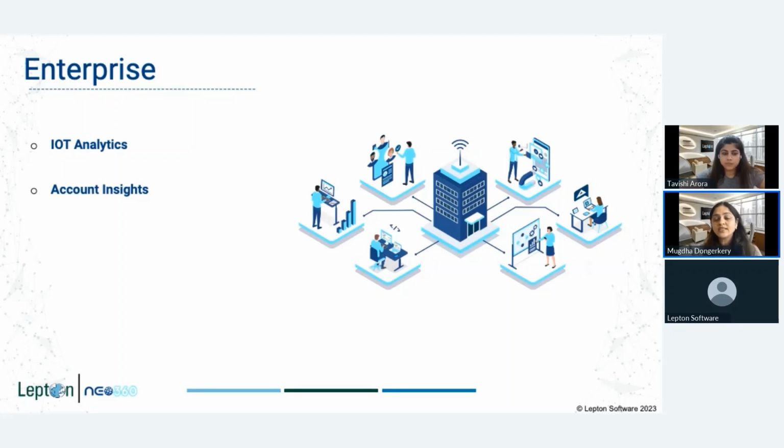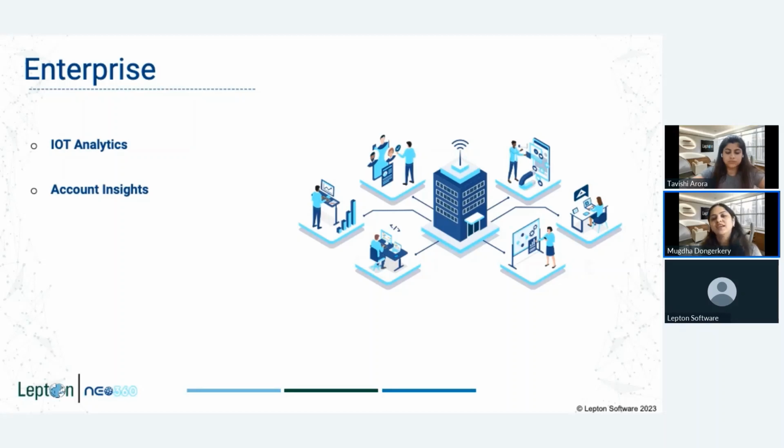Then account insights is, since enterprises are big accounts, the key accounts, maybe we can have this account insights, wherein account level dashboarding you can do, which can be presented to the accounts directly. You can also have your key sales account managers' performance review based on these account insights, that how much is the churn, and so everything related to that account on a single screen you can get for enterprise through Neo 360.